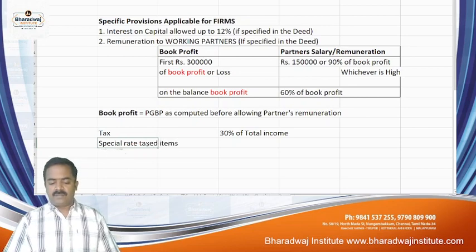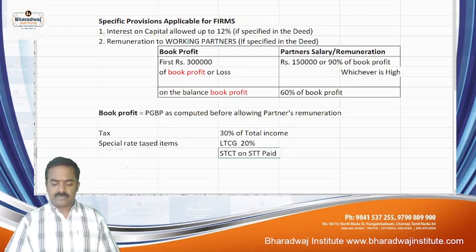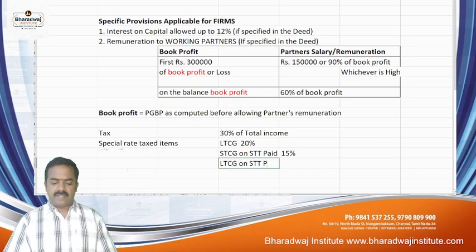For example, LTCG, how much percentage? 20%. STCG, on which STT paid? 15%. Then LTCG, on which STT paid?